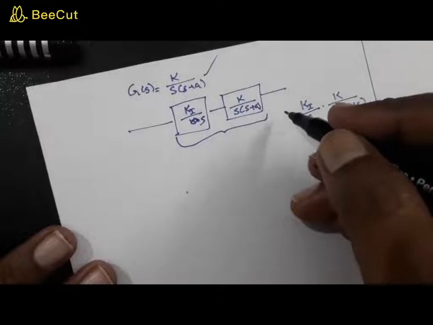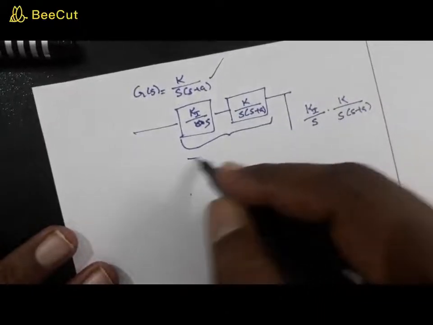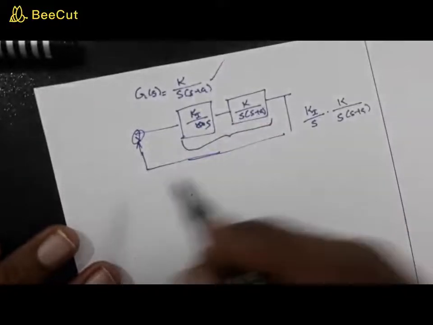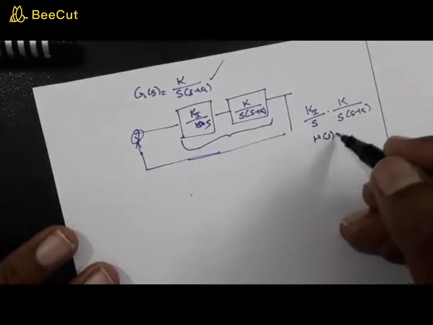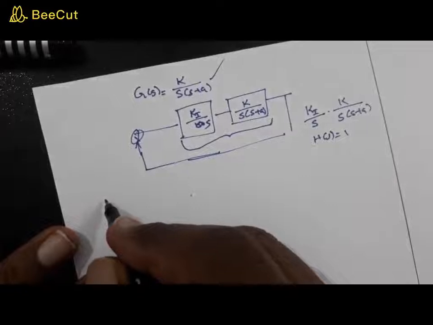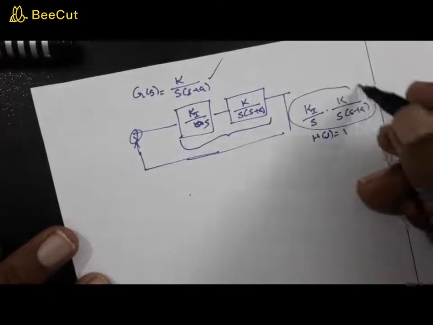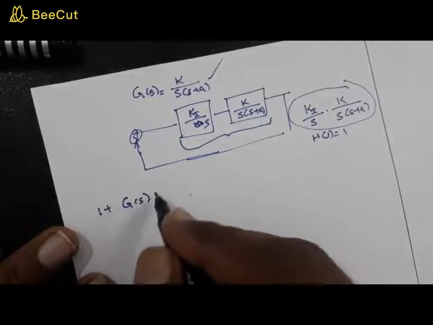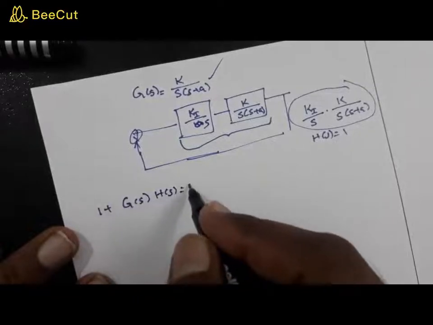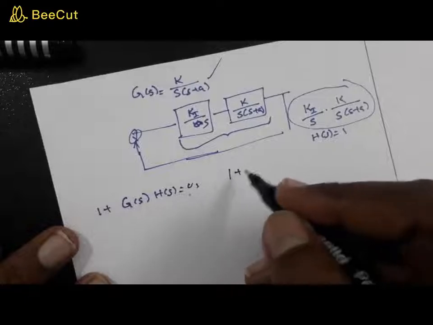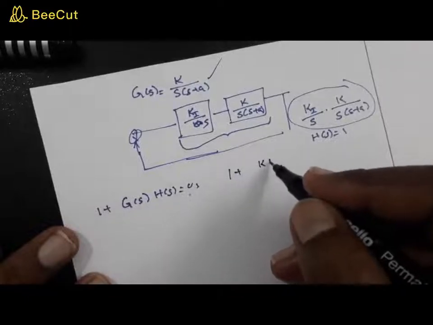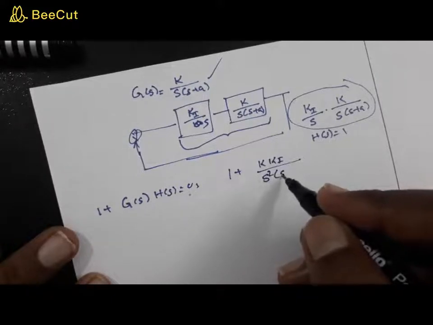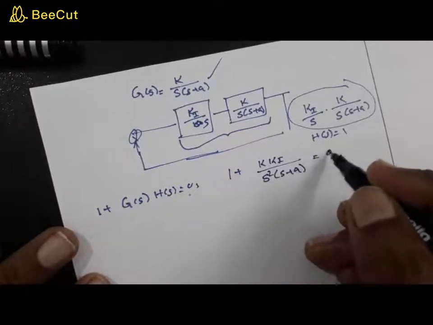Now this is your G(s)H(s), and if you assume that this is a unity feedback control system, then H(s) is equal to 1. So G(s)H(s) remains this. Now what is the characteristic equation? The characteristic equation is 1 plus G(s)H(s) equal to 0, or 1 plus K into Ki by s square into (s plus a) is equal to 0.